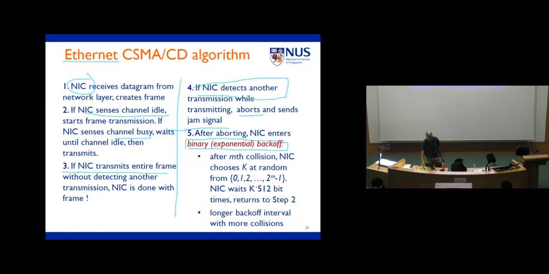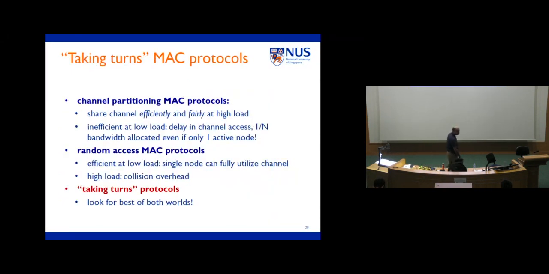Okay, so far, on Wednesday, we looked at partitioning algorithms, TDMA and FDMA. And today we looked at random access protocols, where there are no rules, no centralization of rules. You just do whatever you want to do. And in case there's a collision, you deal with that collision somehow.